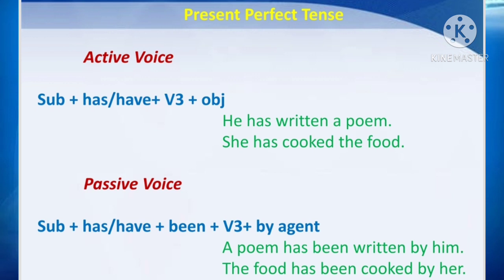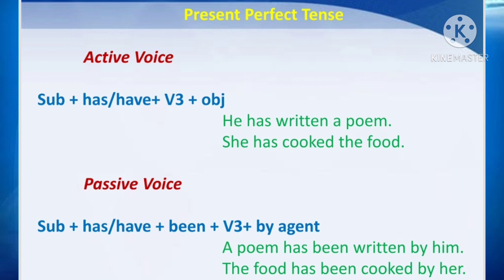Examples, he has written a poem. Here he is the subject plus has plus written. Written is a V3 form of write plus object, a poem. Next, she has cooked the food. She is the subject plus has plus cooked. Cooked is a V3 form of the verb cook plus object, the food.